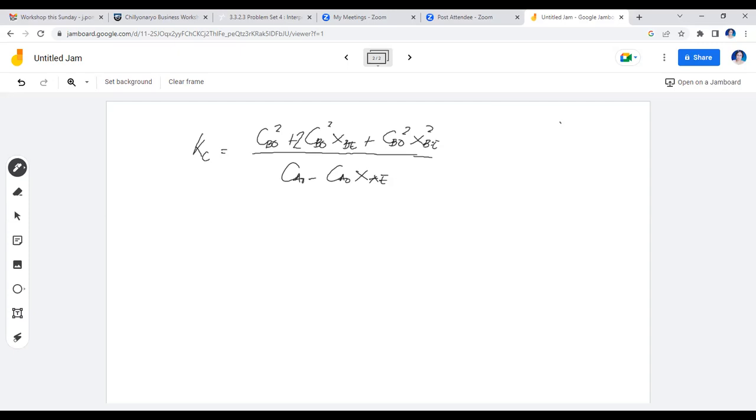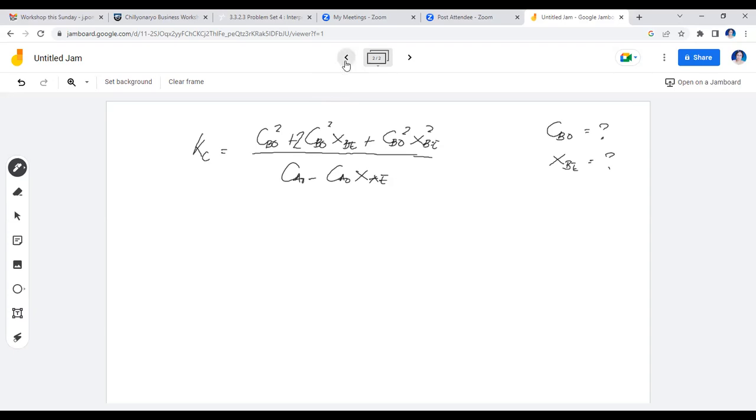Okay, number 1, we don't have the CBO. And we don't have the XBE. We do not know that. So we need to have an alternative formula or expression for these terms that contain these 2. That way we can solve this particular problem.